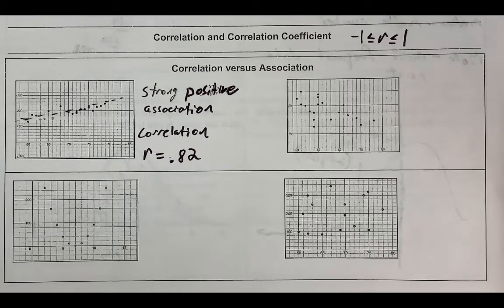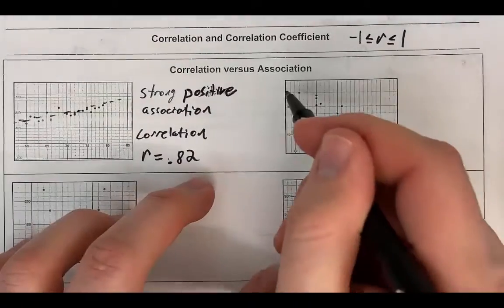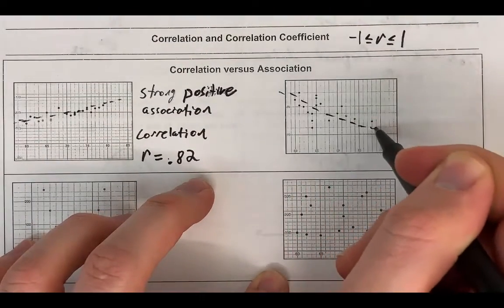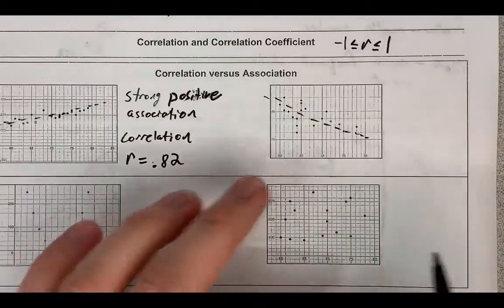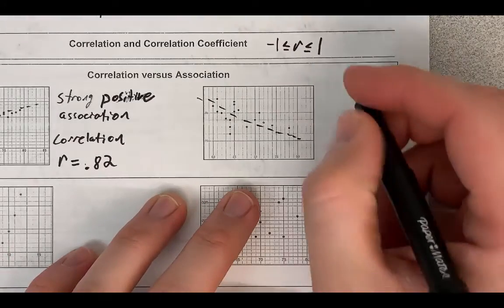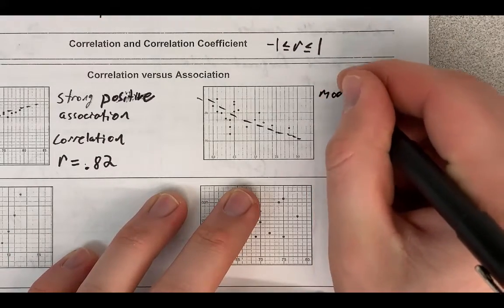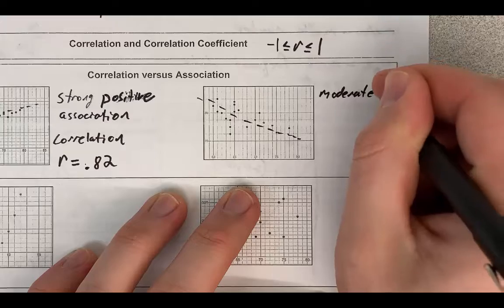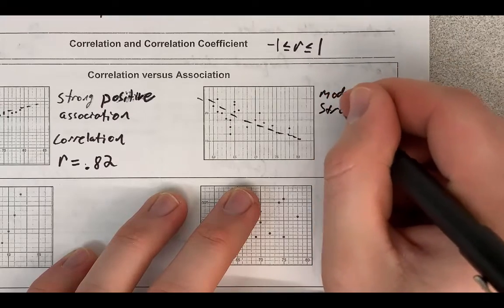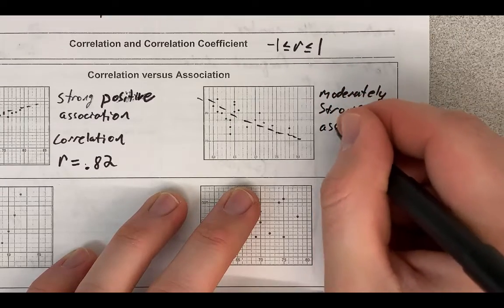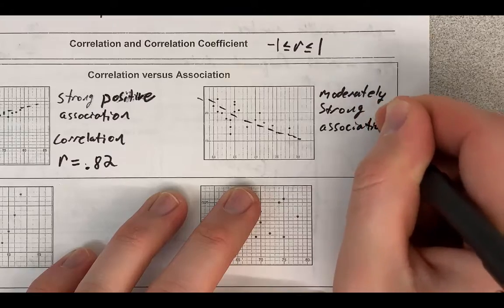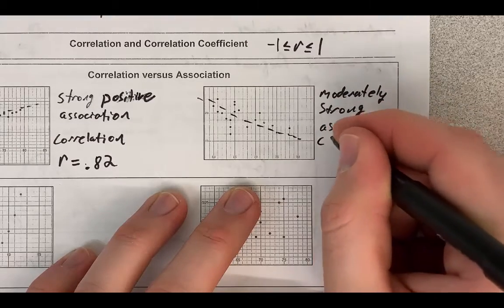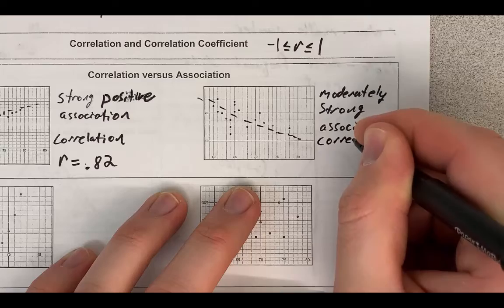All right, so let's look at the next one. In the next scatter plot here, we see a somewhat decent association. You could imagine a line of best fit down here where the data points wouldn't be too far away. So we'd say this one has a moderately strong association, and because it's linear, it also has a moderately strong correlation.